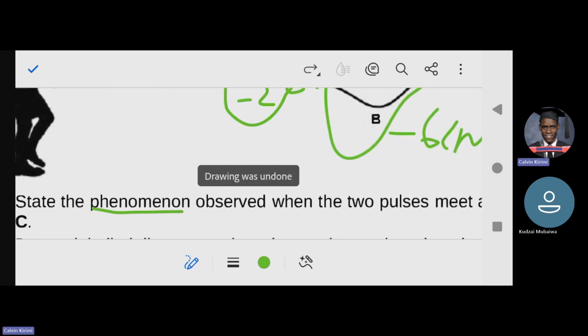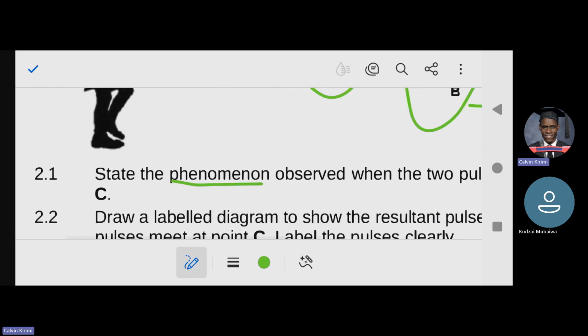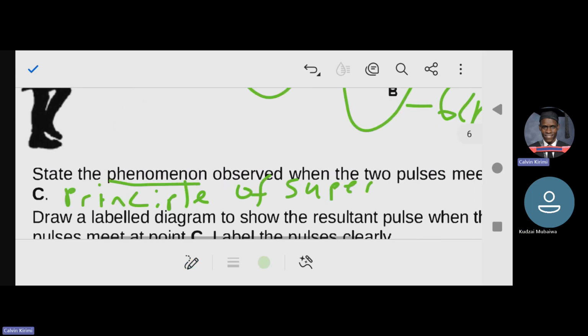That's what they are going to observe, whereby those pulses are going to subtract each other. So what they are going to observe is what we call the principle of superposition.